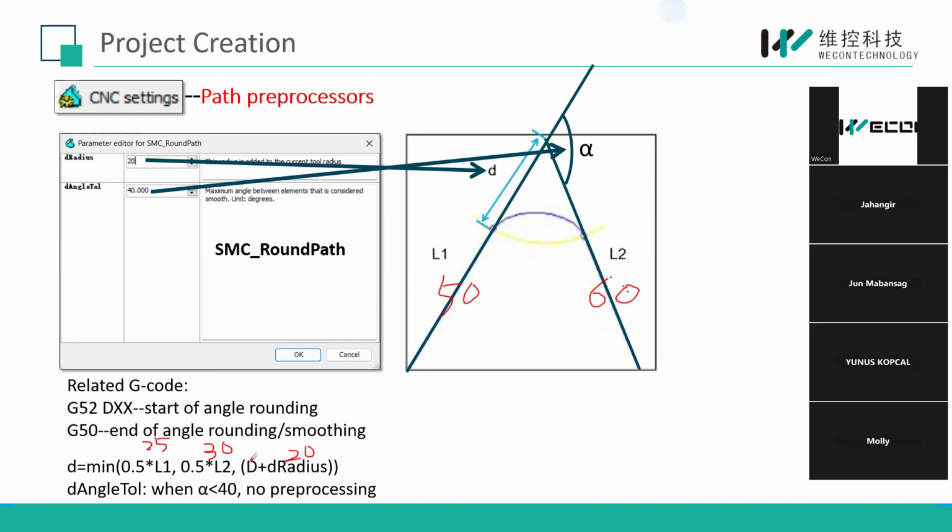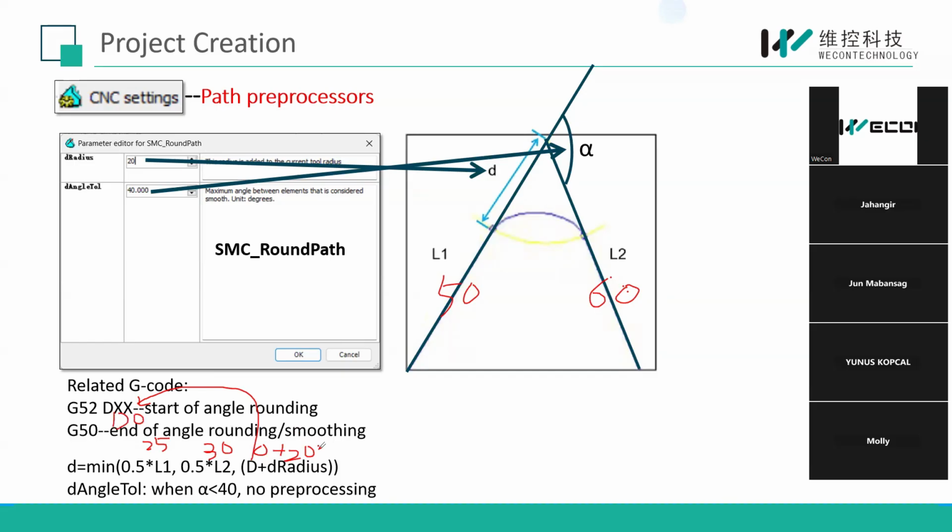And what's this D? This D is this parameter in G code. If we set it as D0, then here is 0 at 20. If you set it as, for example, 40, then here will be 40 at 20. So, for example, here I set D0.